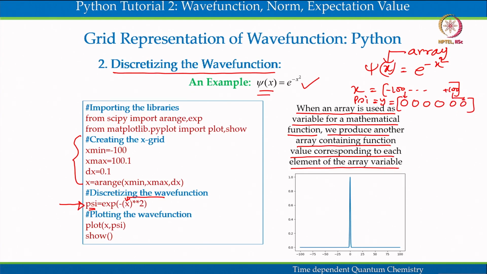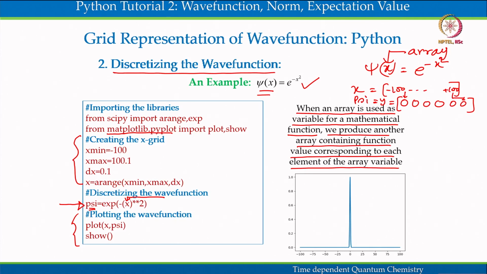That's the way it works. And this plotting part, we are familiar with by using the matplotlib library, pyplot submodule. We are plotting it to make sure that we have the desired wave function.